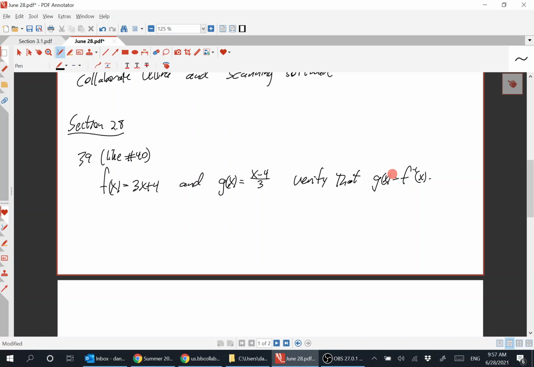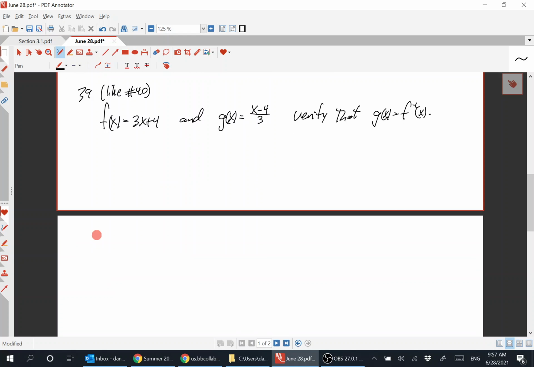So there's a couple ways you can do this. You can find the inverse function of f of x and just note that, oh yeah, it's the same as g of x. Or you can look at the composition of the two functions and see that it's the identity function. So one way to do this, check that f following g of x is equal to g following f of x is just x.